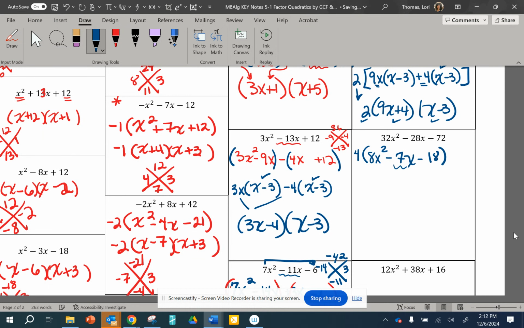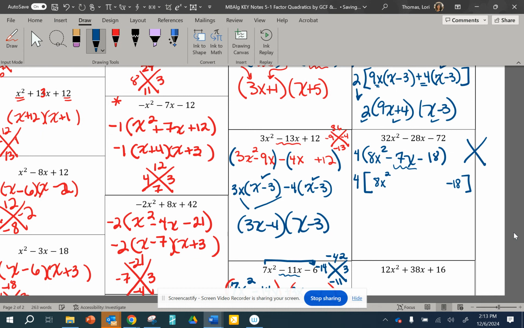And then we're going to split the middle so we can have 4 terms to do our grouping. Again, I'm going to use brackets. Try not to crowd yourself. Leave plenty of space. Remember, being neat and organized is key.